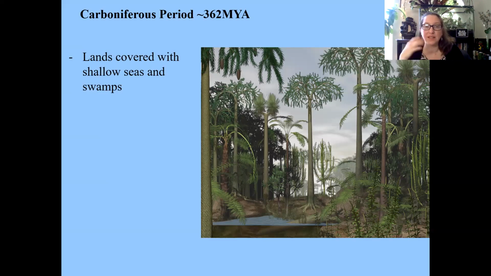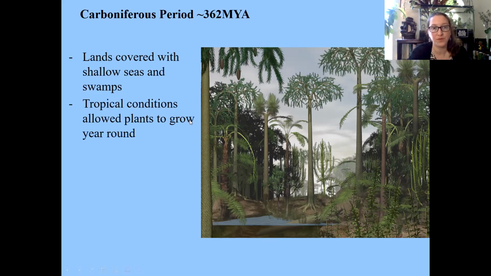And what happened is that those areas near the equator had a lot of shallow seas, or not deep seas, but particularly swamps. And in these swamps and shallow seas, they had these tropical conditions. And so plants were able to grow year round, which is allowing them to basically acquire resources all year long, instead of just in the spring and the summer, like we have in our regions.